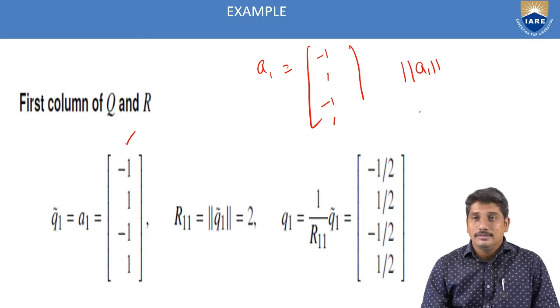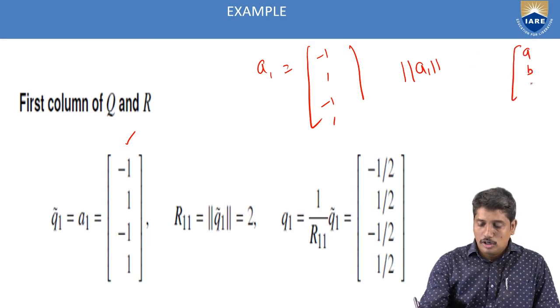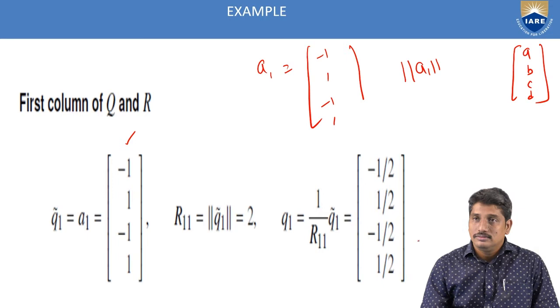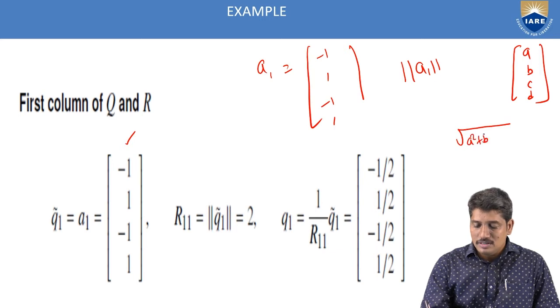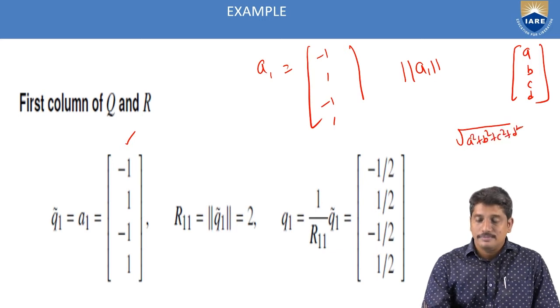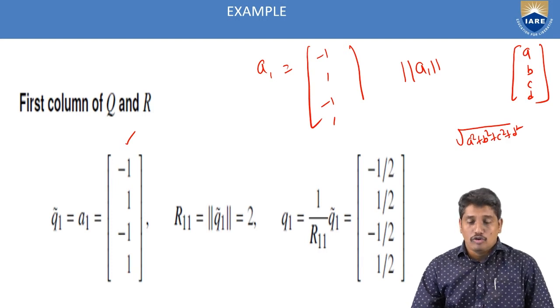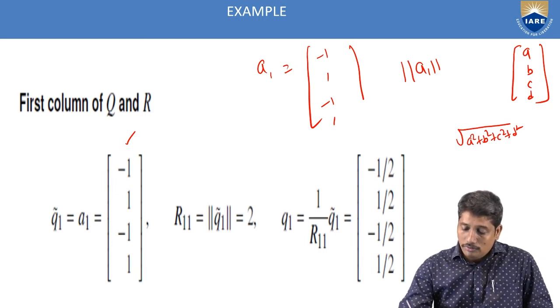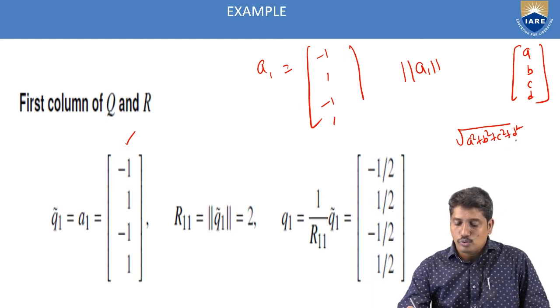You know the norm of a vector a, b, c, d is nothing but root of a square plus b square plus c square plus d square. This is a well-known formula from elementary vector algebra. So for a vector a, b, c, d, we calculate the norm as the root of the sum of squares of the elements.